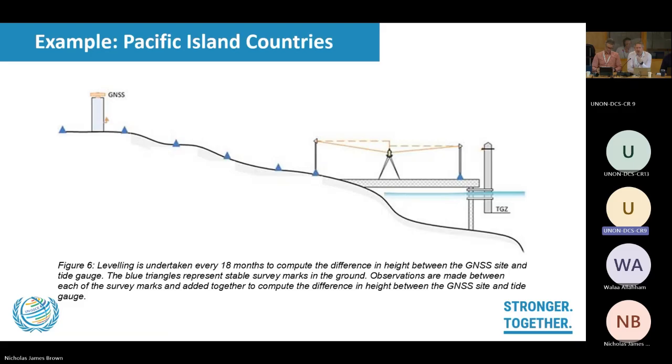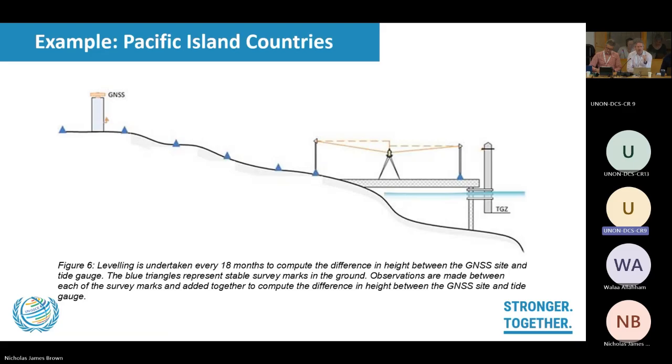And down on the far right-hand side, we have our tide gauge. Every 18 months, a team within SPC, the Secretariat of the Pacific Community, a regional body within the Pacific, send their surveying staff out and do the leveling in between the GNSS and the tide gauge to create that connection between them.